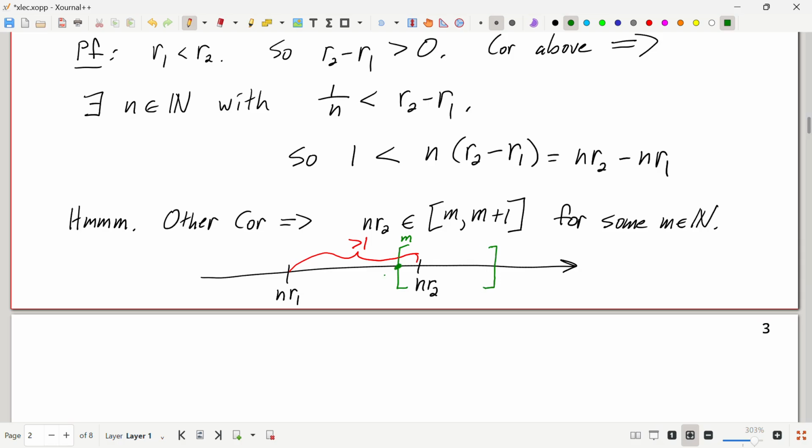So here's m plus 1. Right, because that red thing is bigger than 1. And so even if I slid that little left-hand m all the way over, it would be in that red stuff, because the length of that is greater than 1. So if I slid it all the way over, m would still be in there.